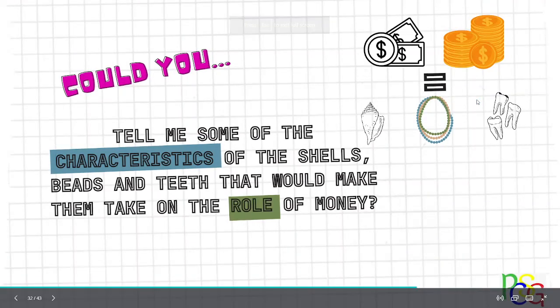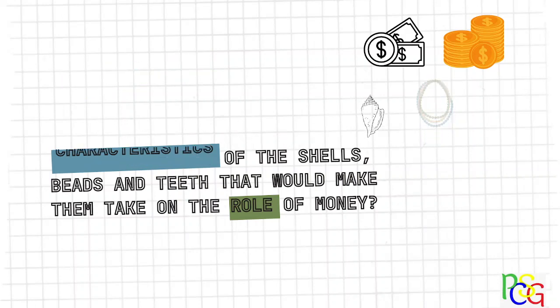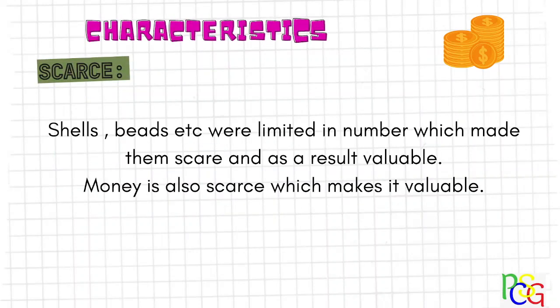Right. Some of the characteristics that made shells, beads, and teeth take on the role of money were, first, that they were limited in number, which made them scarce and as a result valuable.